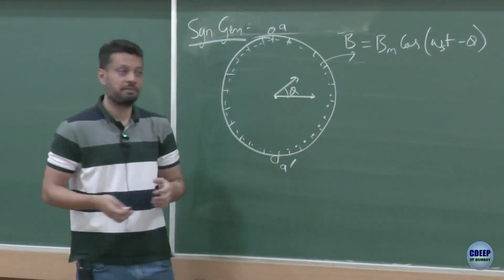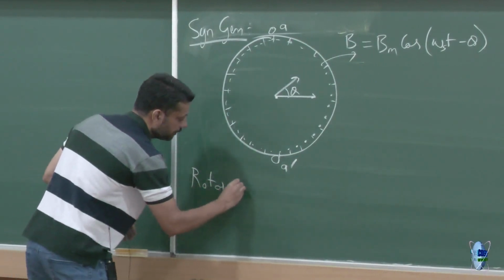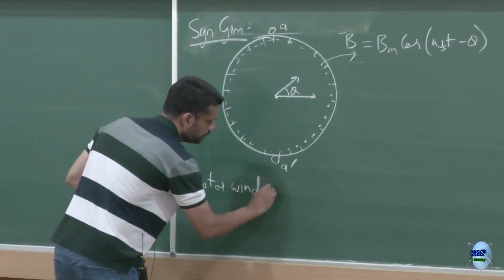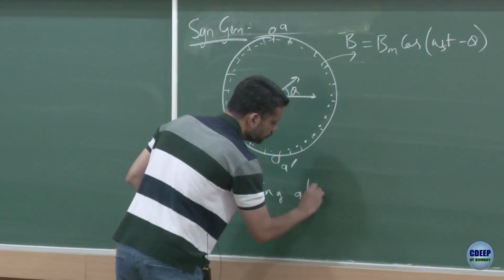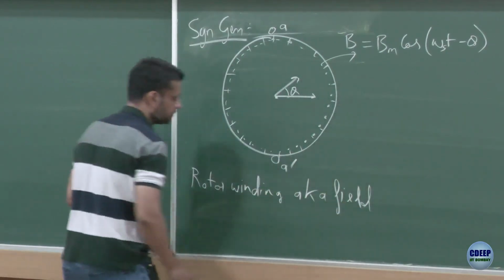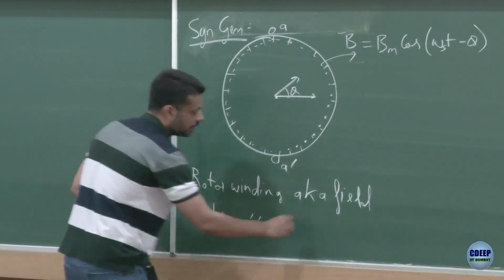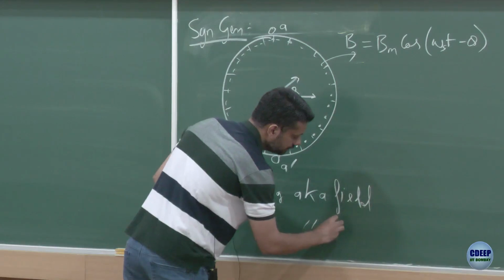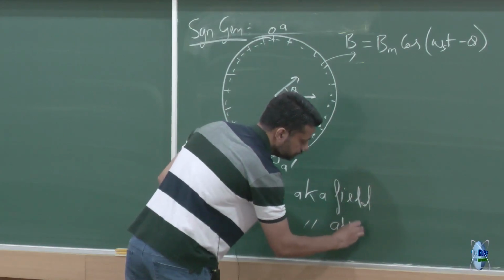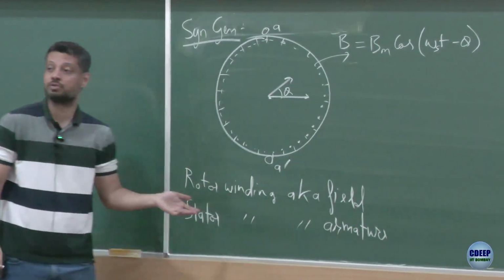So rotor windings are field winding, and stator windings are also known as armature. Remember, in a DC motor it used to be the other way around.